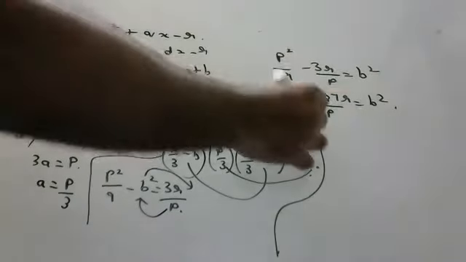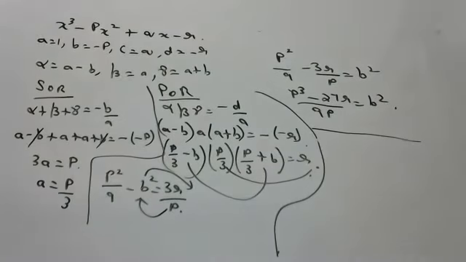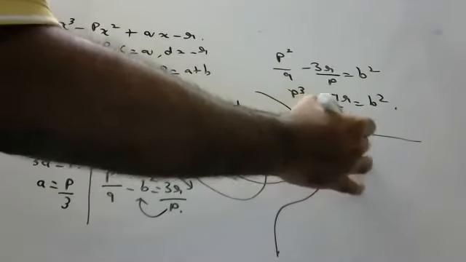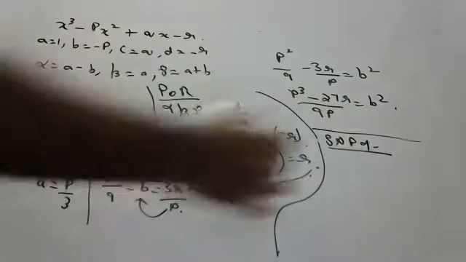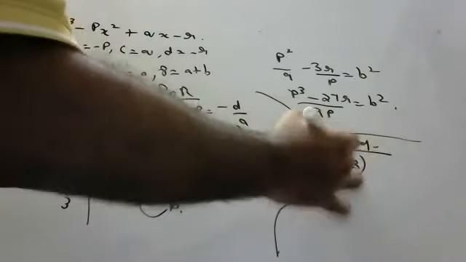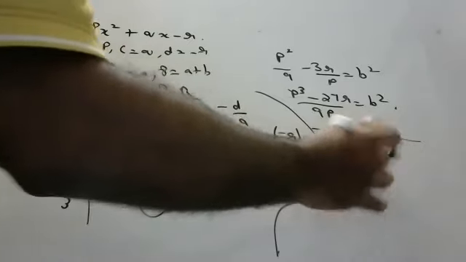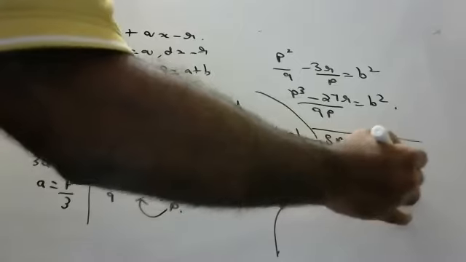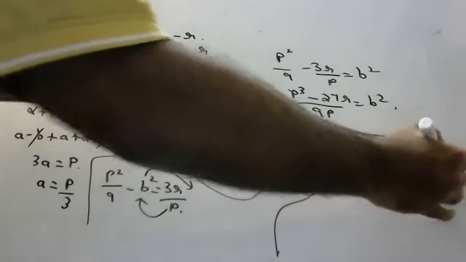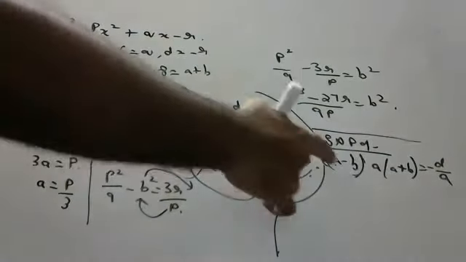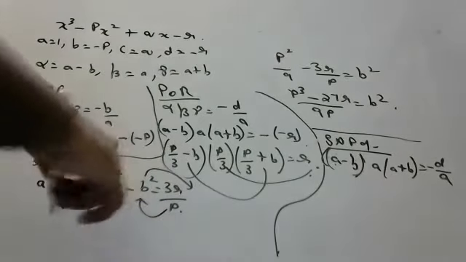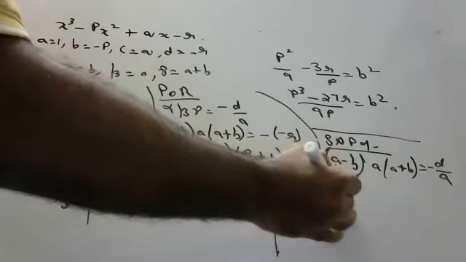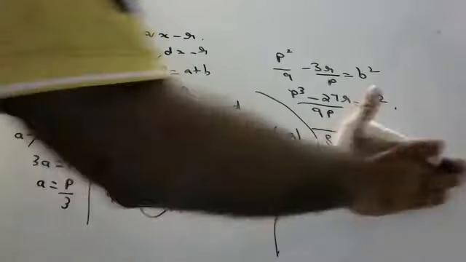Now one more condition you have to get, children, so that q also will be involved. What is the one more condition? The sum of the products of the roots taken two at a time.